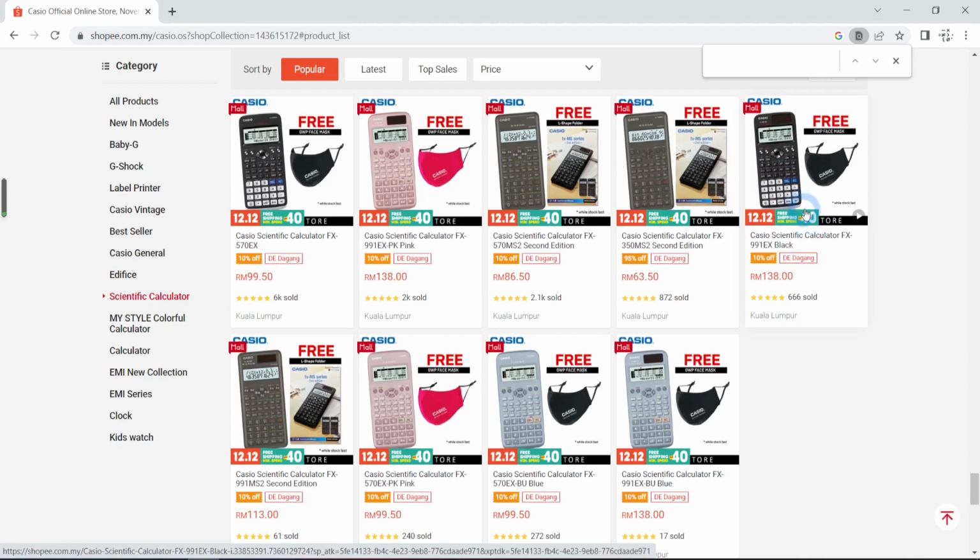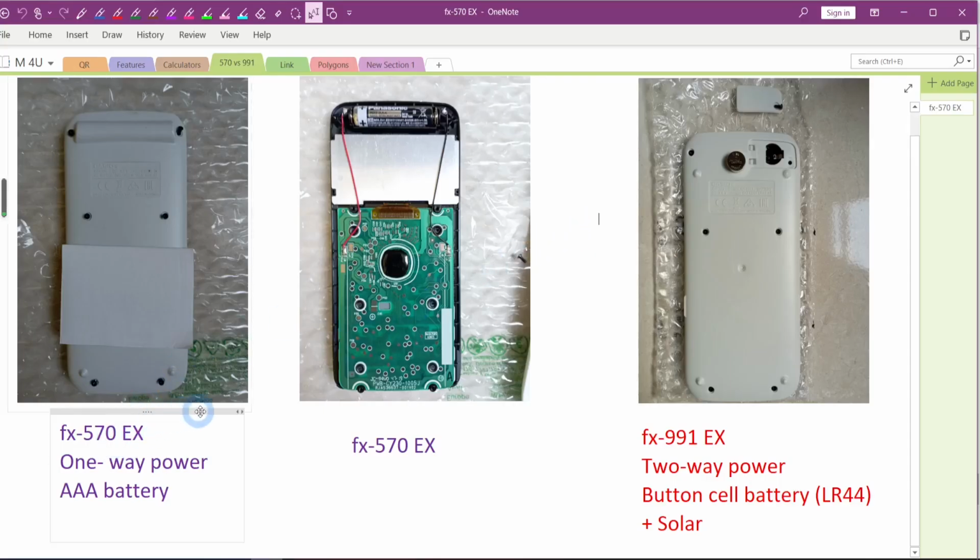There are 3 colors available for this model also: black, blue, and pink. Let me show you some other differences between these 2 calculators. For the FX570EX, this is one-way power. You can only use battery. The battery used is AAA battery. If you want to replace the battery, you need to take out 6 screws: 1, 2, 3, 4, 5, 6.